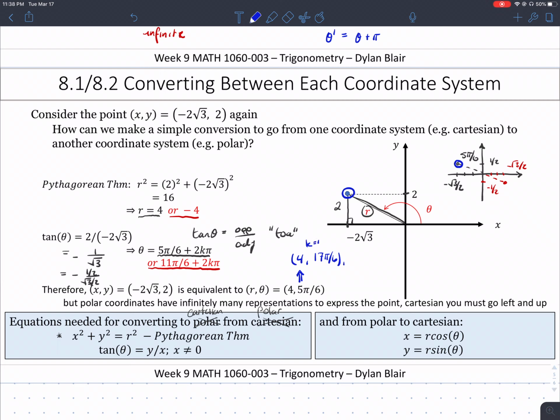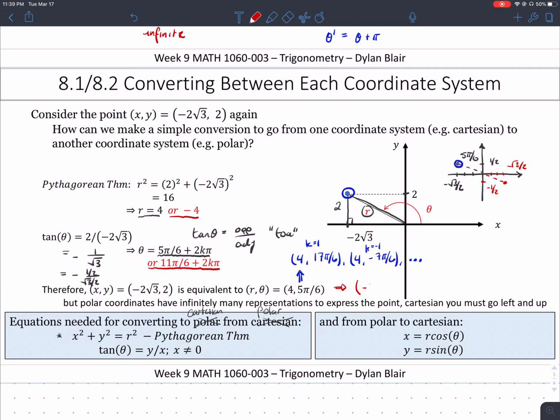That would be when k is equal to 1. We could always take 4 and then 5 pi over 6 minus 2 pi, which is going to be negative 7 pi over 6. So we're plugging in k is equal to negative 1. And we can keep on doing this over and over again.